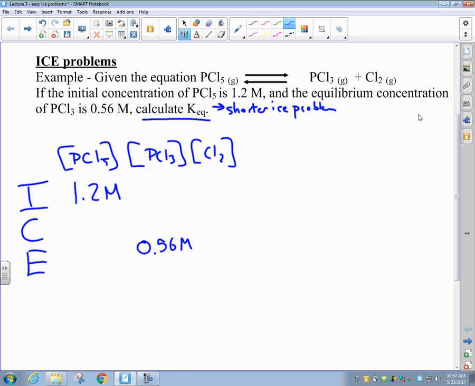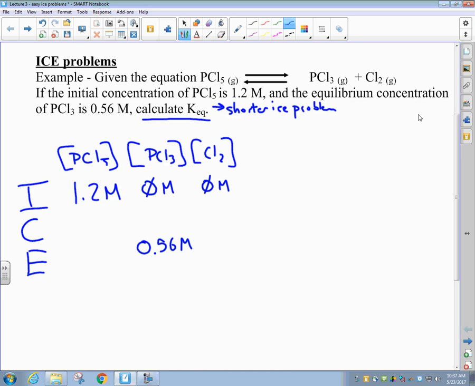Now, there are two other pieces of information that we know, even though it's not explicitly stated within the problem. We have products. By definition, unless the numbers are specifically stated within the problem, you can assume that the initial concentration of your products are 0. So this initial concentration will be 0 molar, and this initial concentration will be 0 molar.